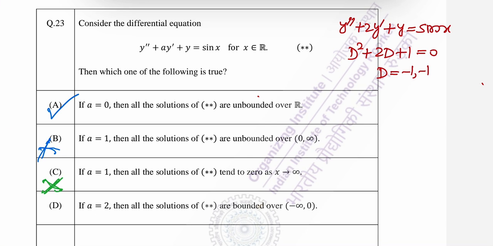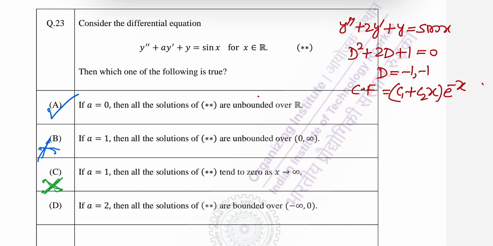At the place of D, we can take m; in some books they take m. So the CF will be c1 plus c2 x, into e to the power minus x. And here it says that the solution is bounded, but okay.